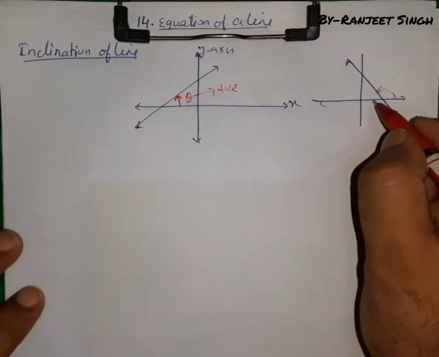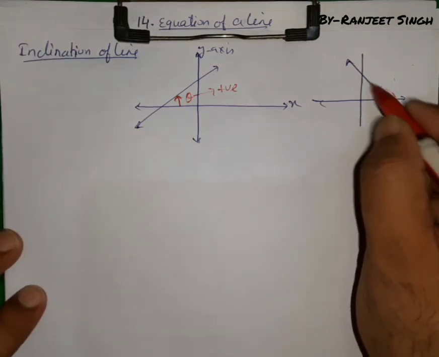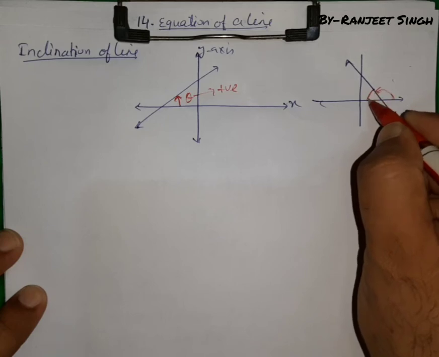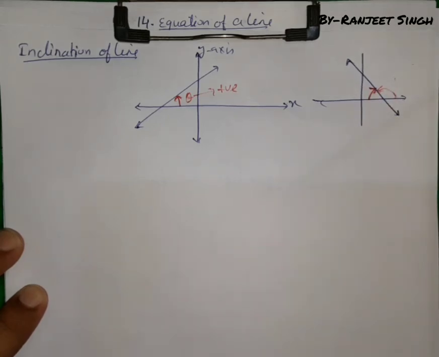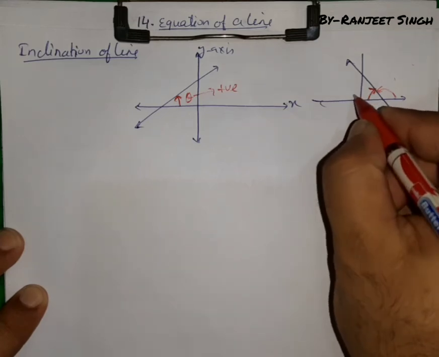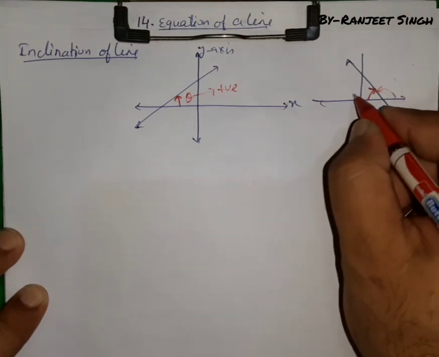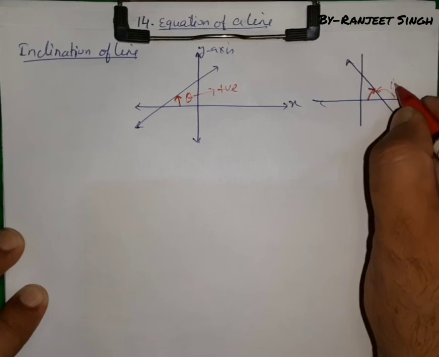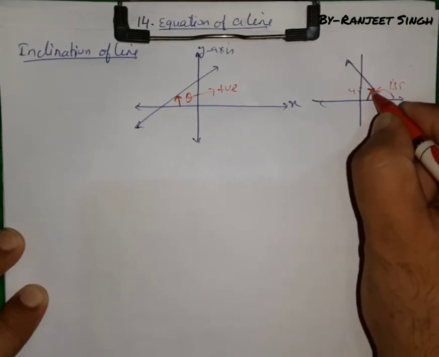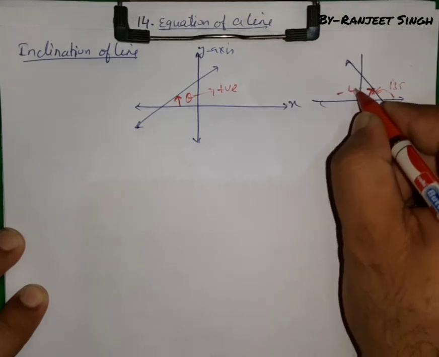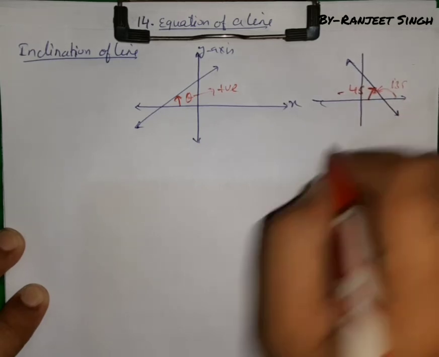So if I'm measuring this angle, the angle made by this line with the x-axis will be taken in the clockwise direction. So in this case this angle will be taken as negative, minus. So if this angle is 135, then this angle will be 45 degrees. Since we are measuring this in the clockwise direction, this will be taken as minus 45 degree.